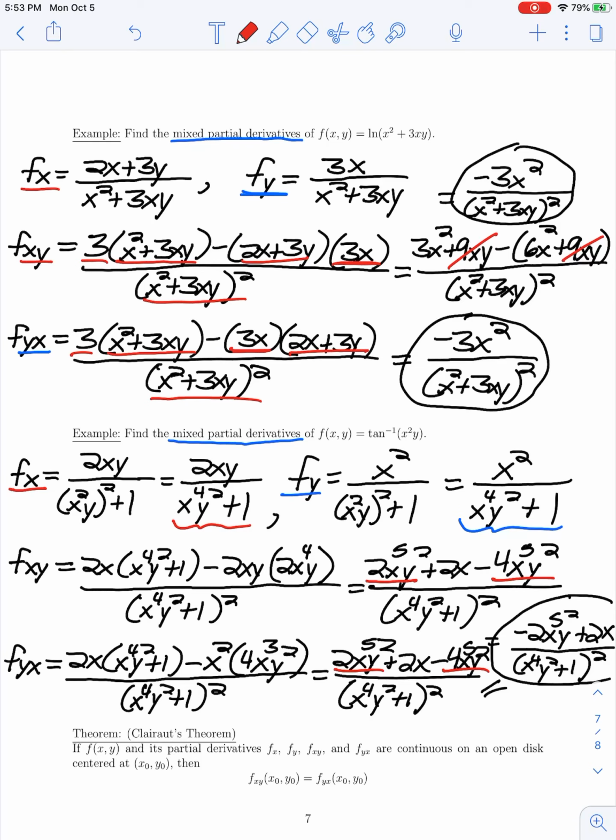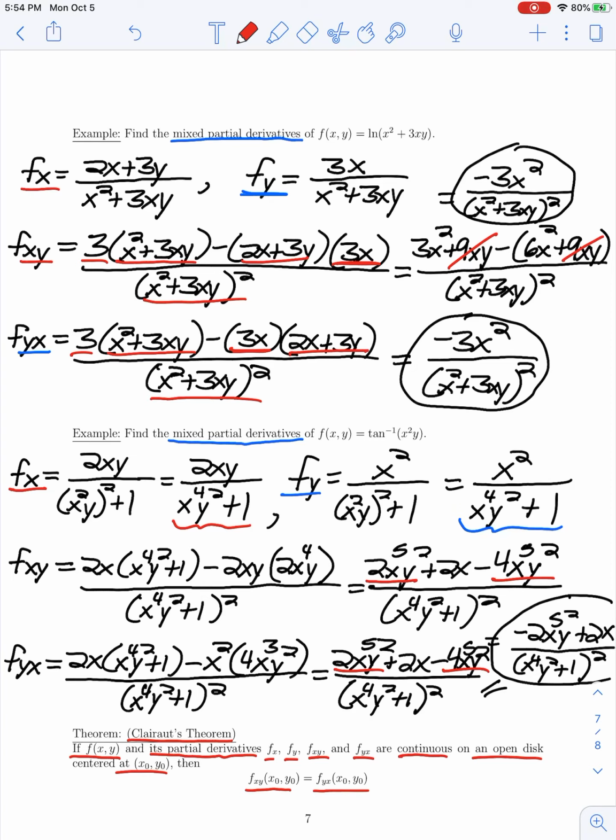So the following theorem, known as Clairaut's theorem, says if a function f of x, y and its partial derivatives with respect to x, with respect to y, and the second order mixed partials are all continuous on some open disk centered at a point x naught, y naught, then the mixed second order partials of that function will be equal at that point. So this gives us conditions for where those mixed second order partials will equal one another.